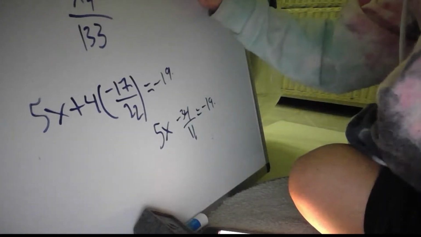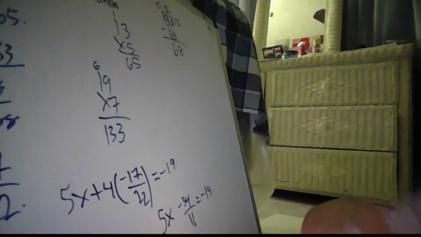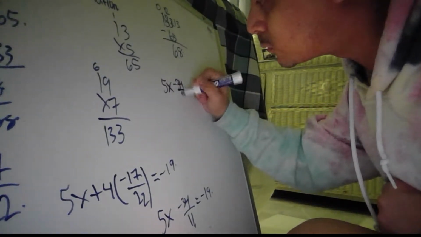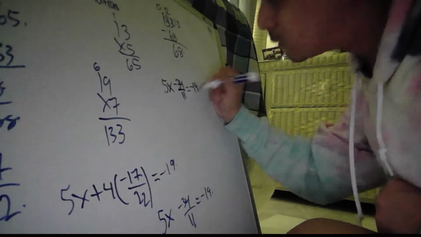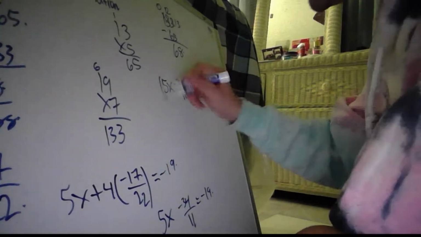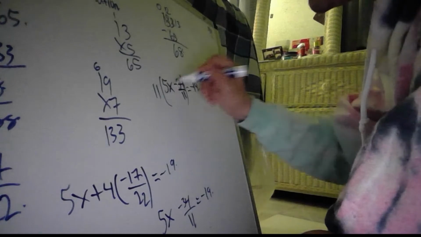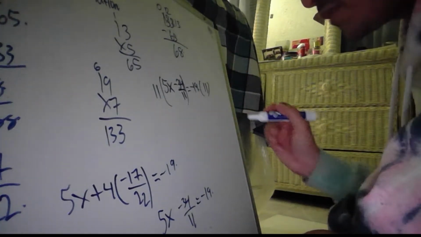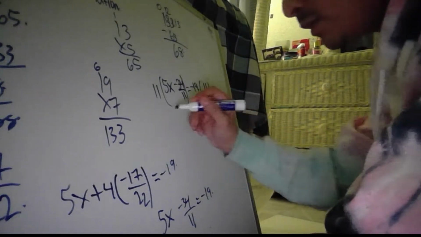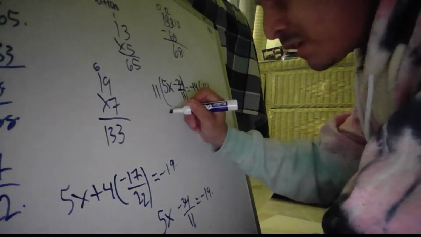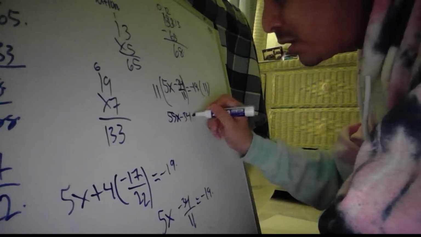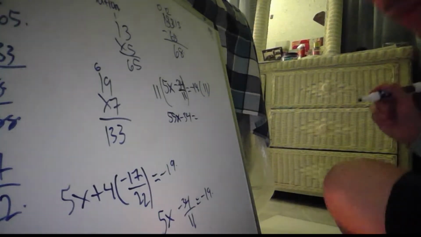So if we move it up here, we can multiply both sides by 11 to cancel out the fractions. So we have 55x minus 34 equals negative 19 times 11.